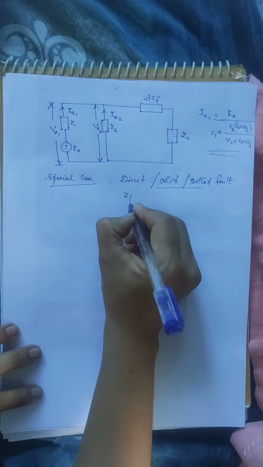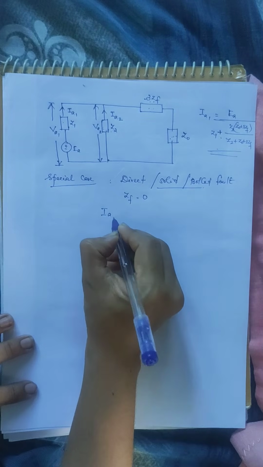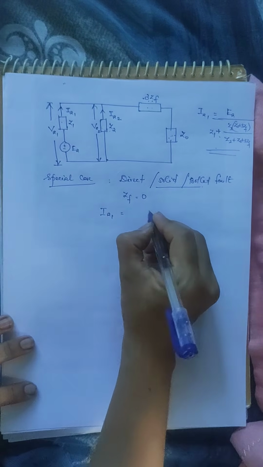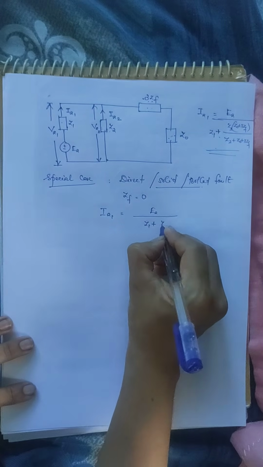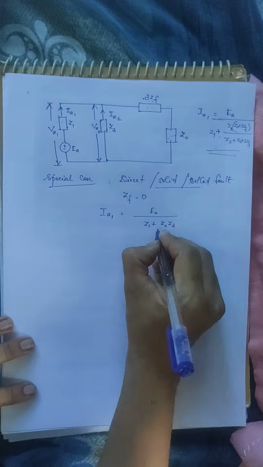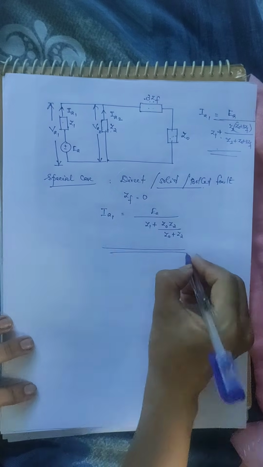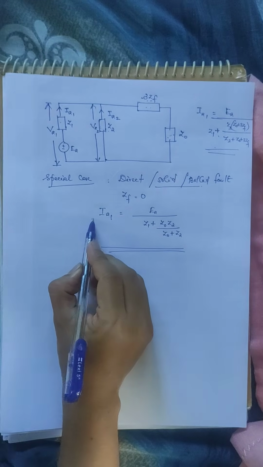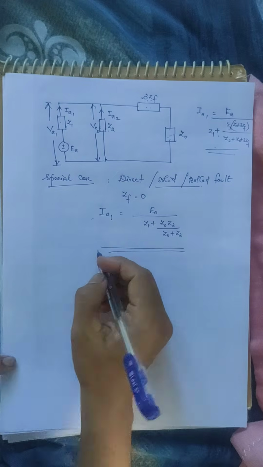That is, ZF will be equal to 0, and in that case we will get the positive sequence current IA1 as EA divided by Z1 plus Z0 into Z2 divided by Z0 plus Z2. So calculate IA1, then calculate IA0, and 3 times IA0 will give us the fault current IF.